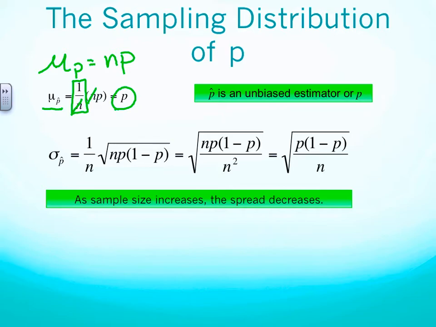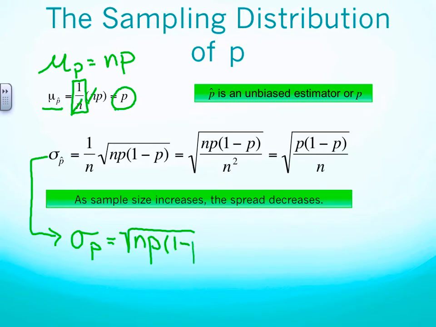Similar to that is the idea of your standard deviation. So your standard deviation for your binomial random variables was given to you as the square root of your number of trials times your probability of success times your probability of a fail. Okay, we are of course dealing with a small sample here, not an entire population, and so we are taking a fraction of your standard deviation for your binomial random variables.